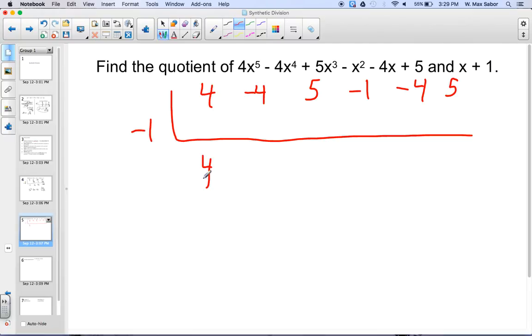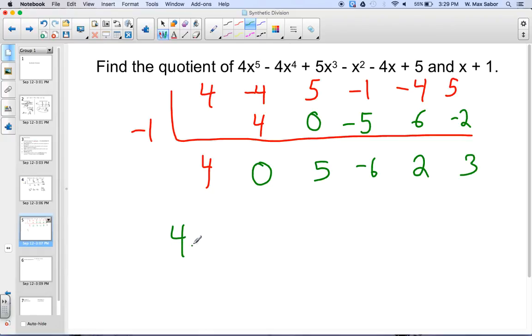We're bringing down, we multiply, then we add, we multiply -1 times 0, then we add, we multiply -1 times 5, then we add, we multiply -1 times -6, then we add, multiply -1 times 2, then we add.